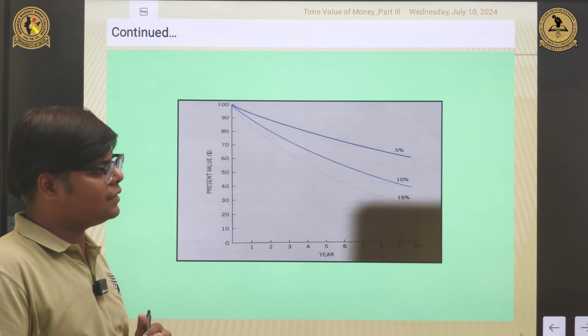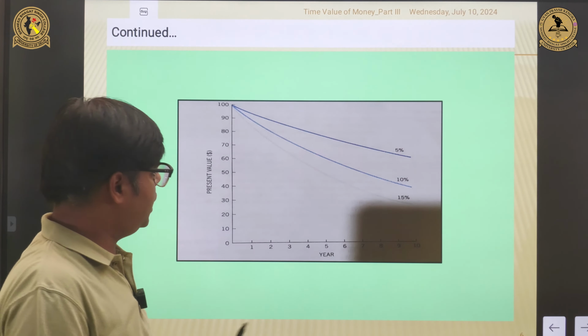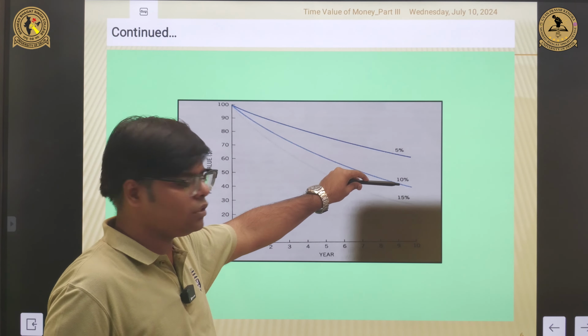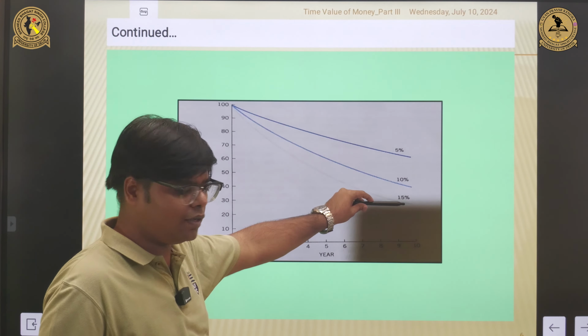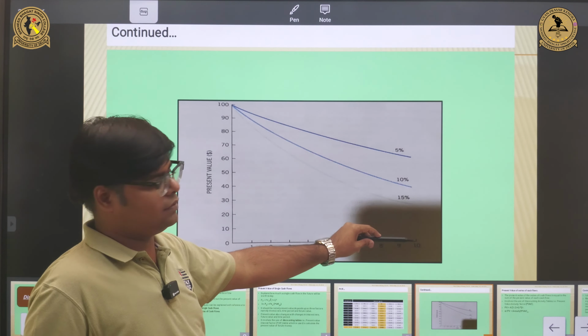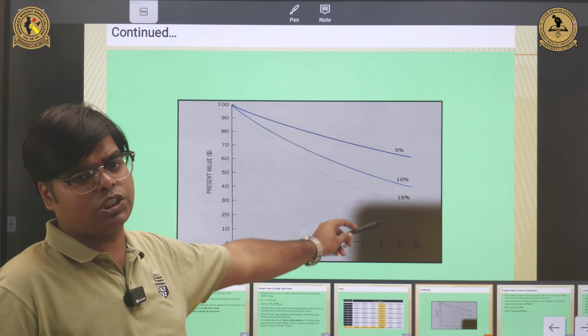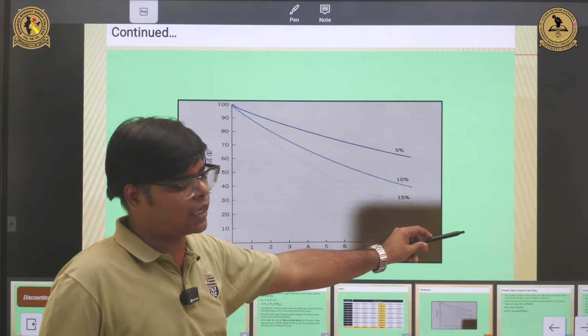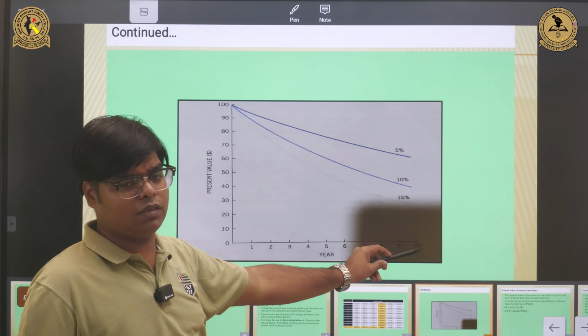This graphical representation also explains the same thing, that with increase in the interest rate from 5% to 10% to 15% at a given time period, the value declines, showing the inverse relationship between the interest rate and the present value of future cash flows at a given time period.